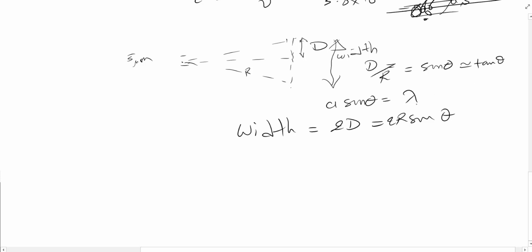That's why I'm using this expression, and theta from this expression is just lambda over a, or it's sine theta at least. So the width is simply equal to 2r times lambda over a. So this is the width of the rays as they pass through this opening.